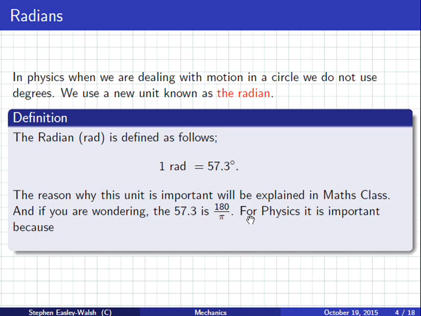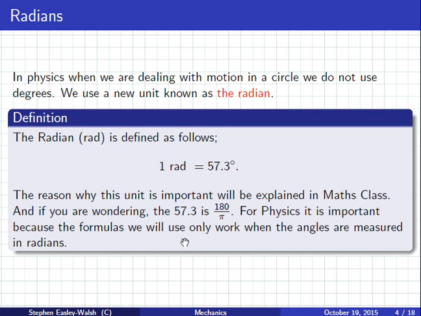For physics, it is important because the formulas we use in physics only work when we use radians. Now look, you don't need to write all this. What you really need is this definition: 1 radian is 57.3 degrees. So radians are pretty big angles. 1 radian is like this big. Have you got that number? 57.3 degrees is a radian.